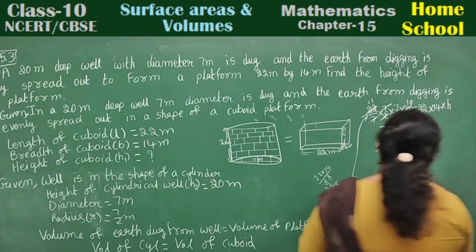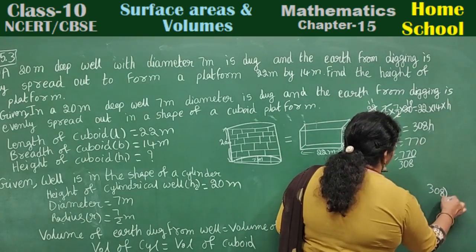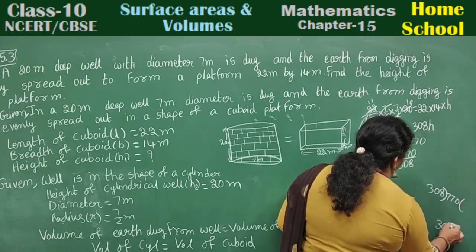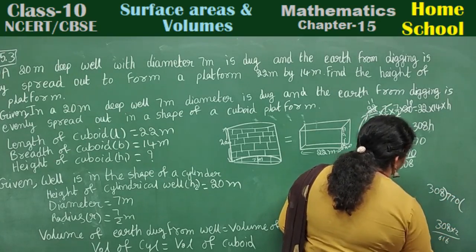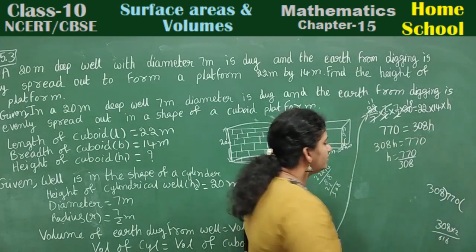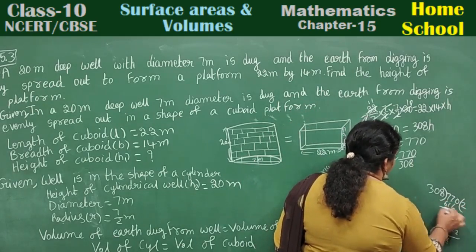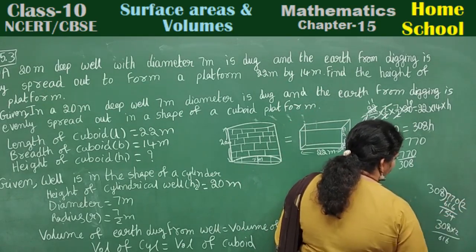Now again divide with 308. 308 into 770. Do division. 308 2s are, how much will it be? 616. Yes? Substitute here. 308 2s are 616. 10 minus 6 is 4. 6 minus 1 is 5. 7 minus 6 is 1.